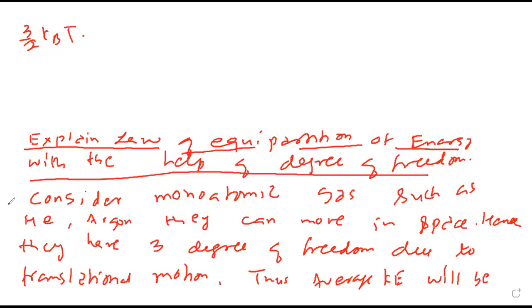So monoatomic gas, a single molecule can move in space in any direction. Therefore, it has got 3 degrees of freedom due to translational motion. Hence, its energy is 3 by 2 kBT.